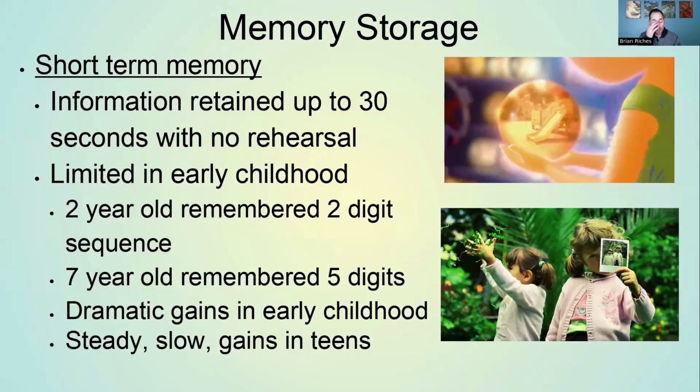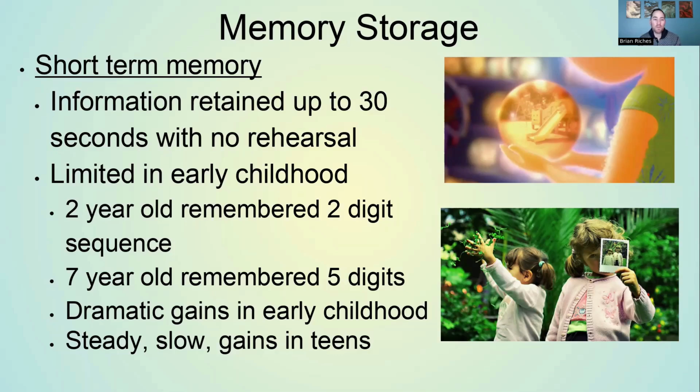Jumping forward, short-term memory is what we describe as any information that we're retaining for about 30 seconds if we're not actively working with it. There can be a lot of information that, if it seems important, we might hang on to for about 30 seconds. For a lot of the research here, we use digits, like random words or random letter sequences or random number sequences.